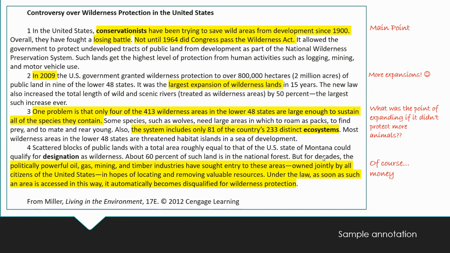So I've gone through, highlighted what I thought was important, and I've made notes on the side. The main point, question that I had, and then in the final paragraph, of course, money. The point of this writing is why conservation isn't working. And at the end of this reading, I've come to this conclusion.